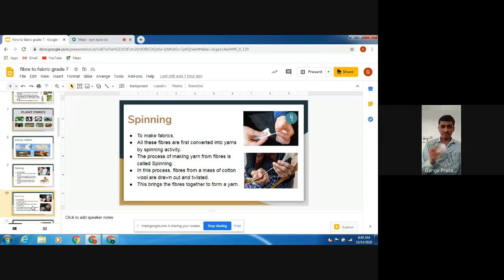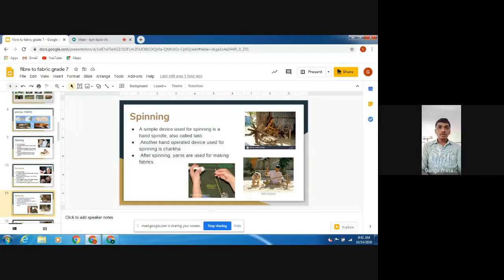The process of making yarn from fibers, not only cotton fiber, is called spinning. Yarn is nothing but thread.